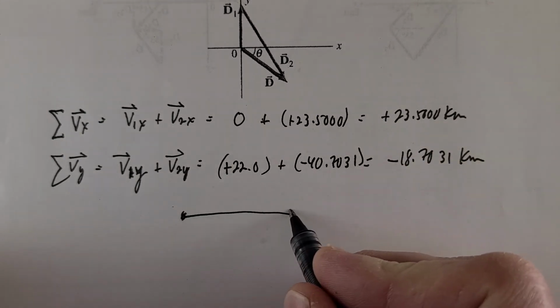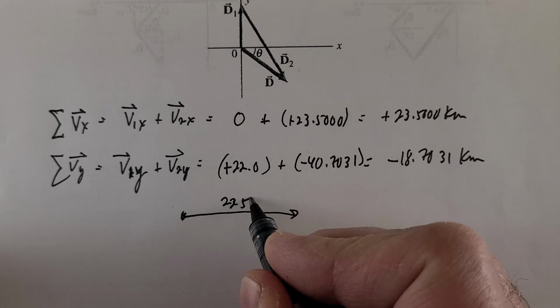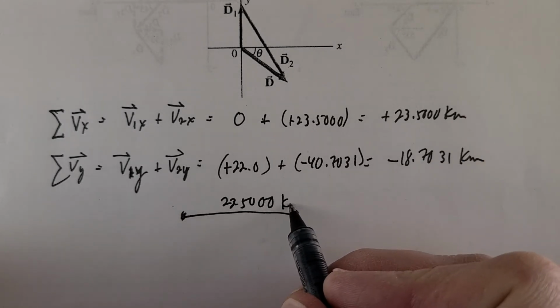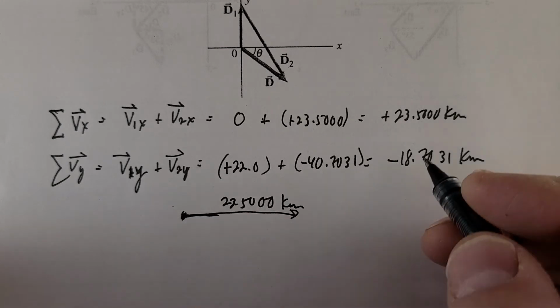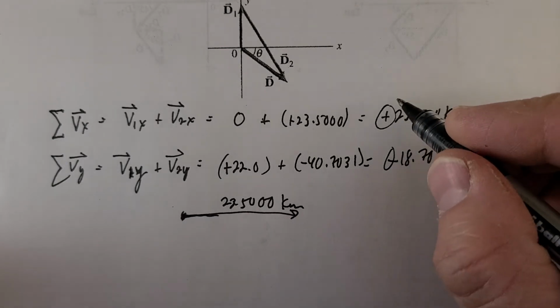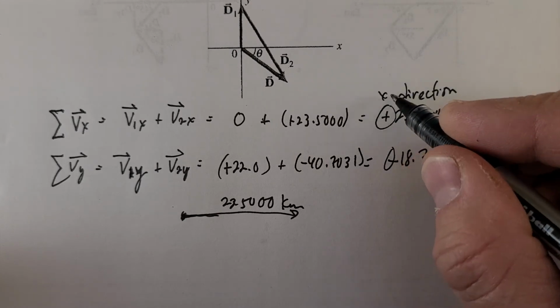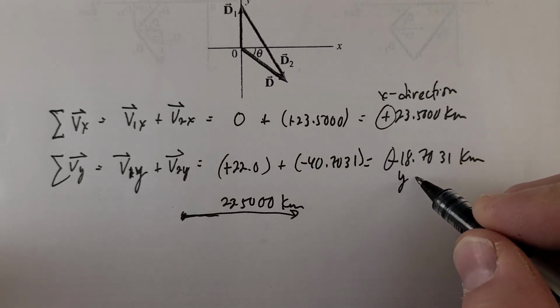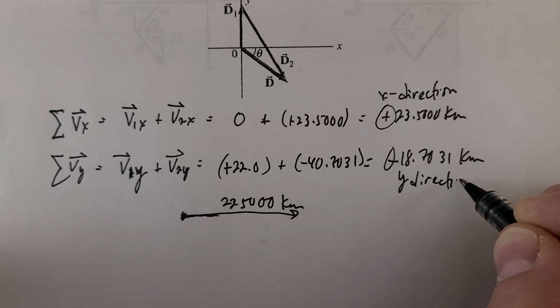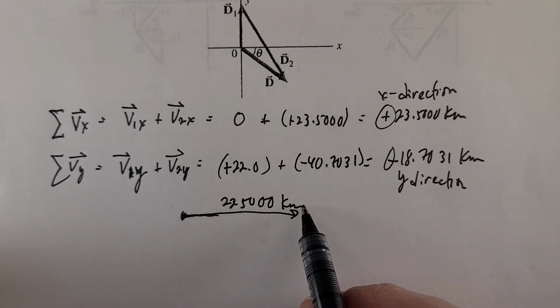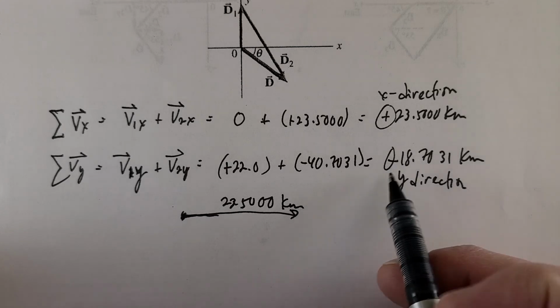So one movement is 23.500 in the positive x direction. I'm not going to put a sign here because the sign tells me which direction. X direction, y direction. So I'm moving plus 23.500 and then from there, go negative 18.